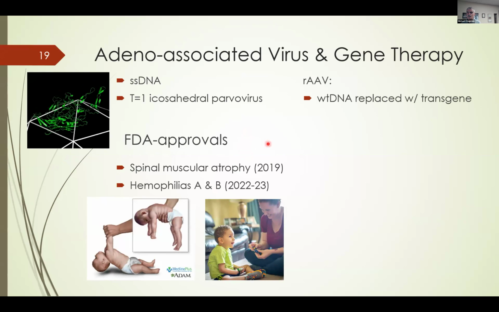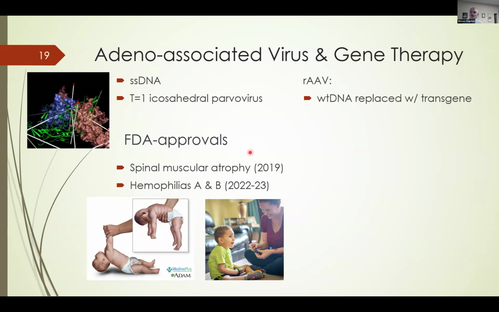And in gene therapy applications, you are replacing the infectious DNA with the transgene that you want to convey to cells. It has now been approved by the Food and Drug Administration for 7 different treatments, of which the most notable is spinal muscular atrophy. This is a debilitating disease with a life expectancy of about 2 years.